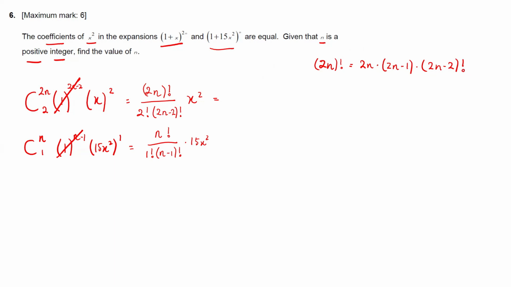Now if you see, it's actually the same with the denominator. So if I'm going to write it down, I'll write 2n times 2n minus 1 times 2n minus 2 factorial divided by 2 factorial and then 2n minus 2 factorial. Now, if you see, we have the same one right here. So we can actually cancel this and also this.